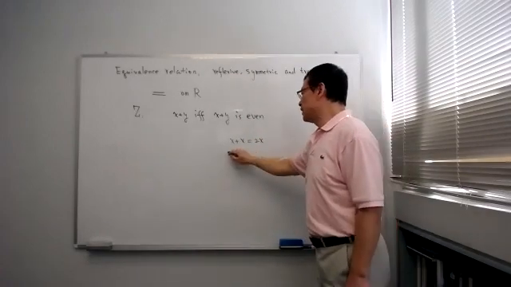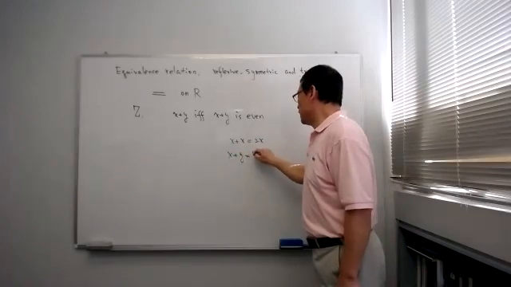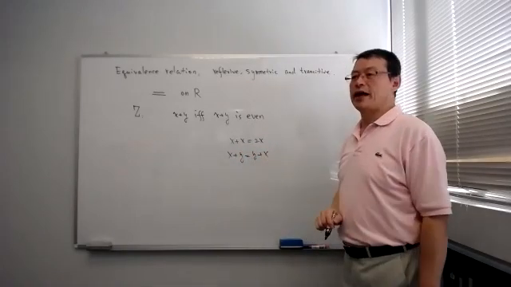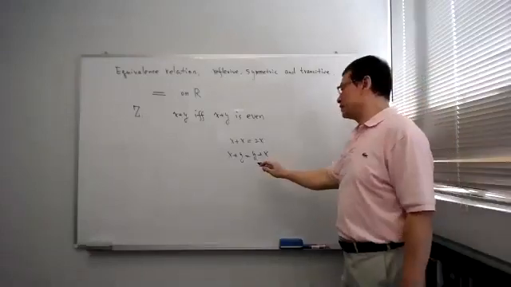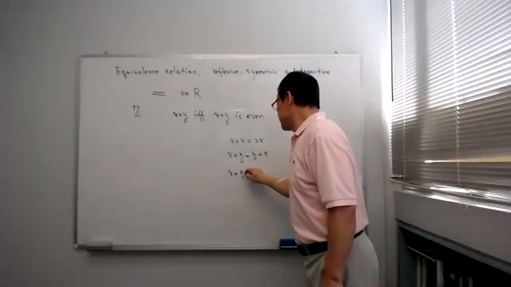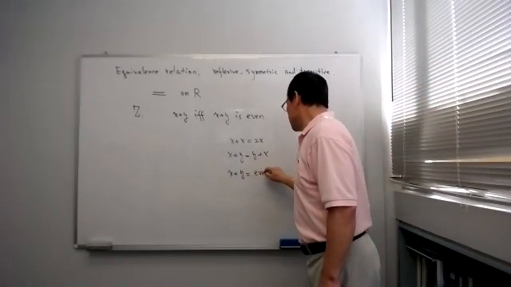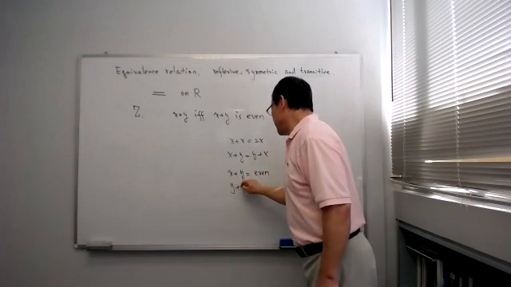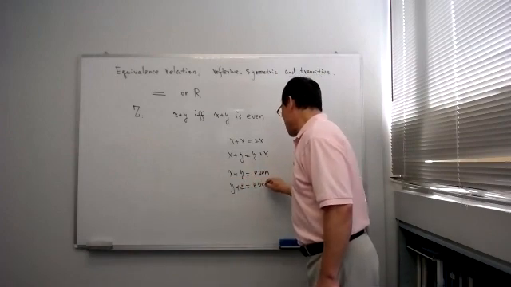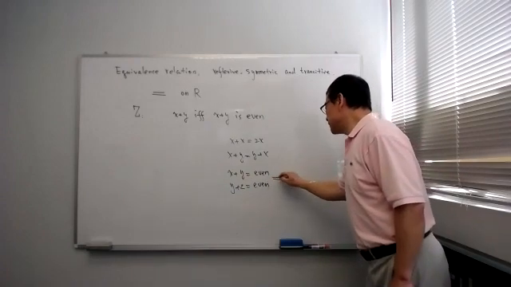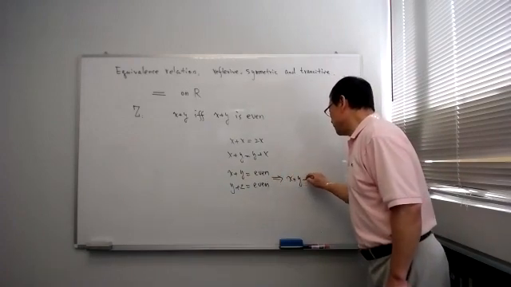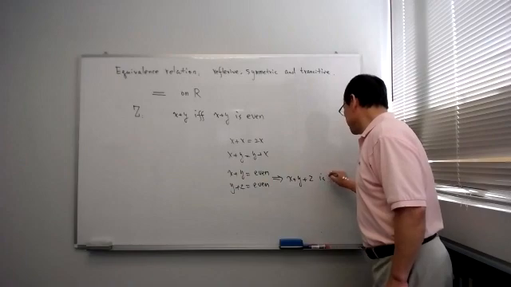It's certainly symmetric because x plus y equals y plus x. Now we can check the transitivity. If x plus y is even and y plus z is even, we can see that the summation x plus y plus z is also even.